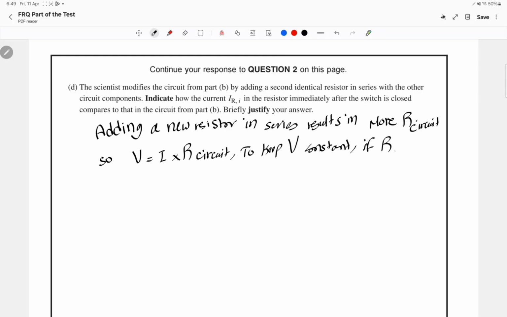If R circuit increases, then I decreases. So the current will be less. So I will now be less in the new circuit.